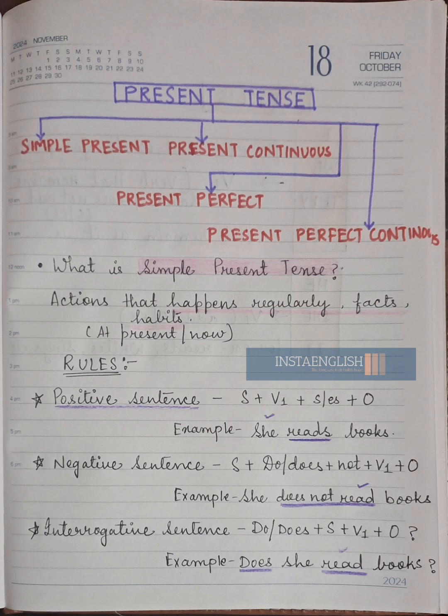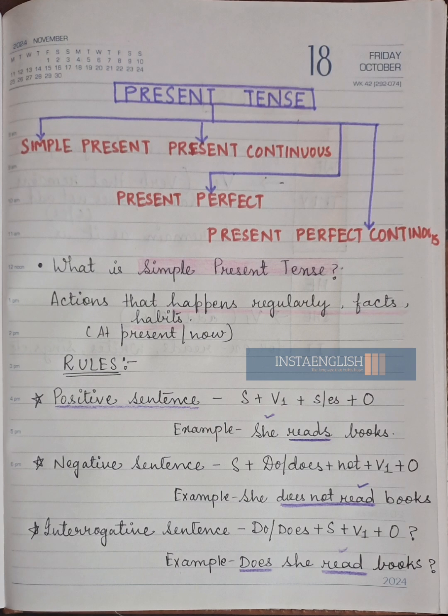So guys, you have to be very careful here in case of the verb, that is read, and here we are not adding reads, because when we add do or does, the main verb remains as it is. It doesn't change to s or es. So she doesn't read books.